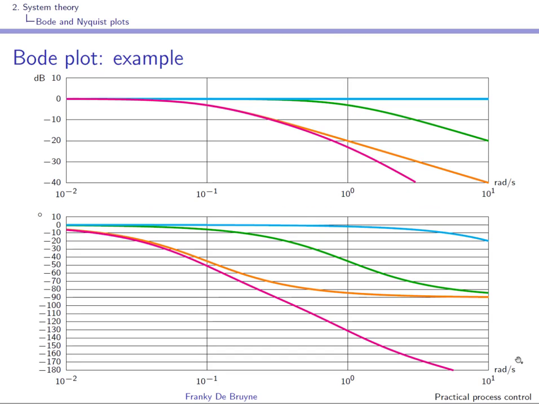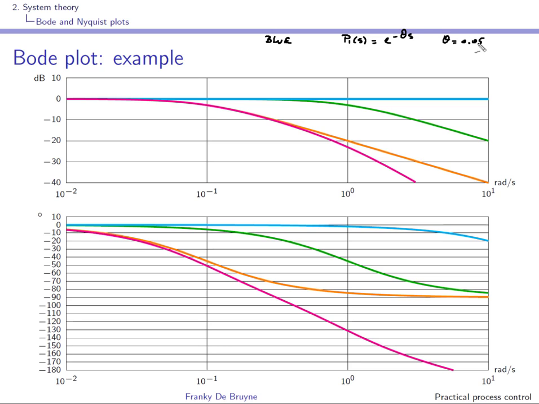Well, let us take an example. We can consider the first Bode diagram here in blue, and this process, let's call it P1(s), is that of a pure delay, e to the minus theta s, and theta is equal here to 0.05.